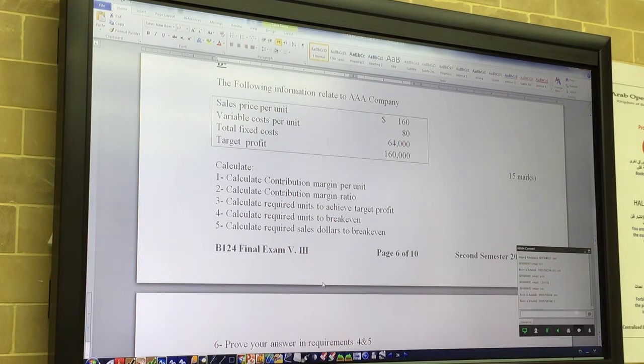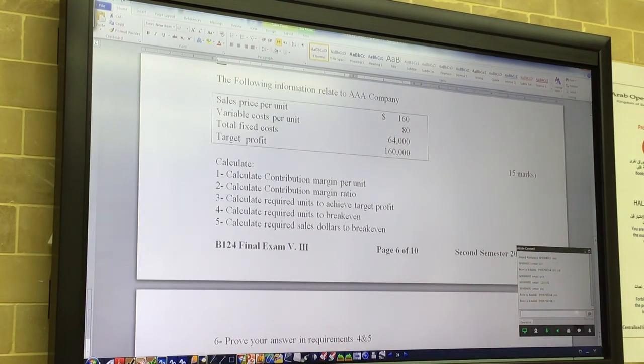So we start from sales. Save the sales value, the amount in number 5, because sales means break even point by units, 800 multiplied by 160, which is the break even point in dollars.